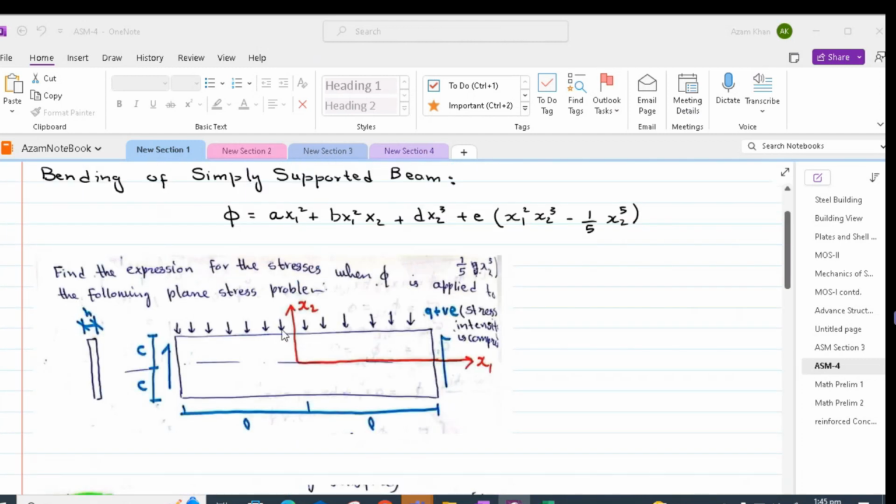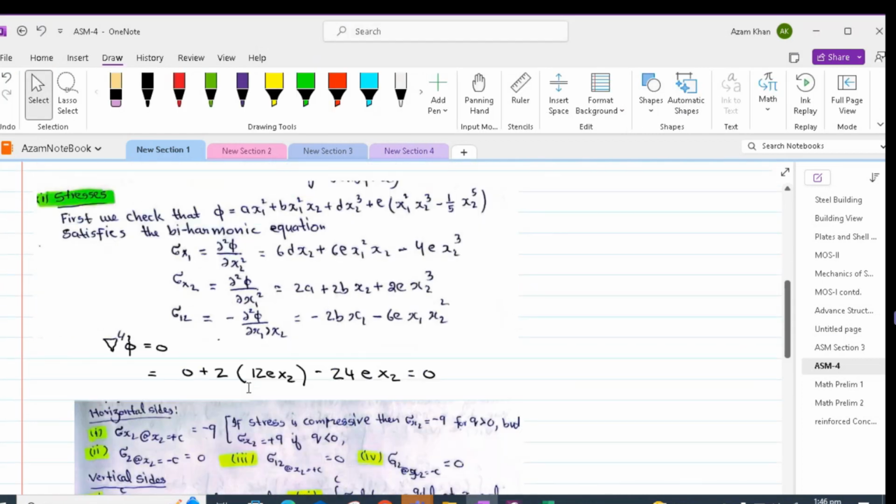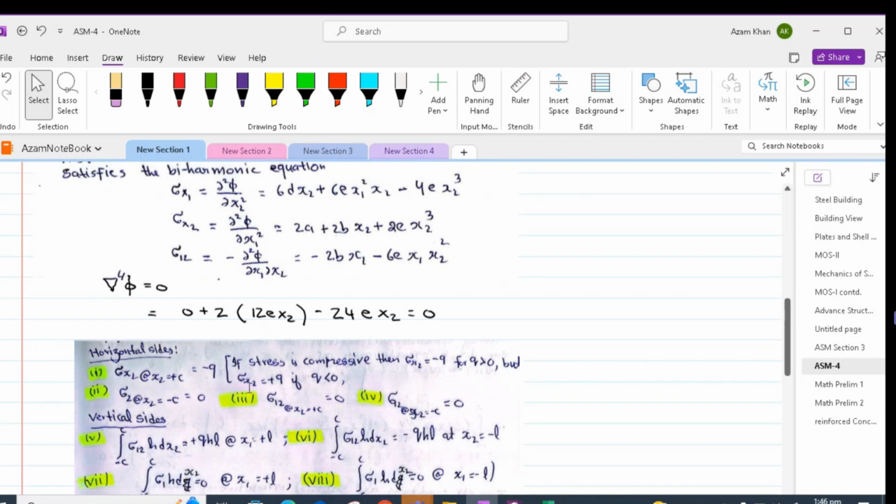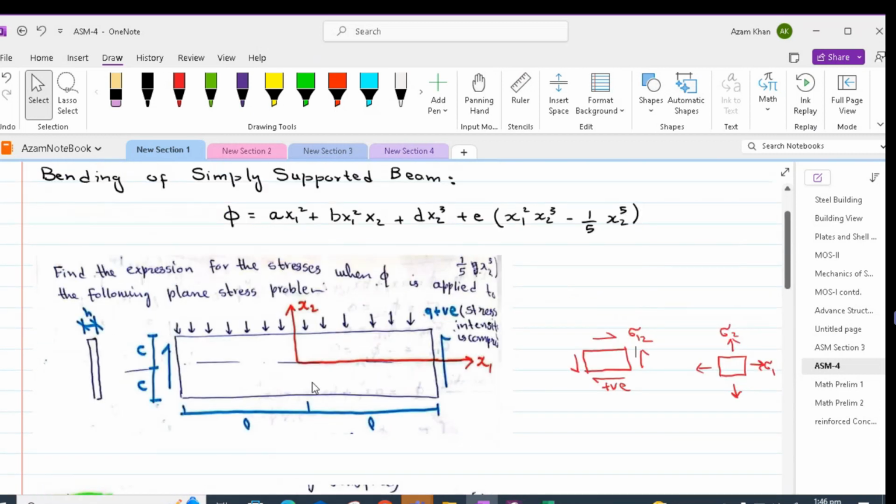We will start off from the horizontal sides. Before finding out the unknown constants, it is important to appreciate that the coordinate axes we have assumed are x1, x2, and the origin of the coordinate system corresponds to the middle of the beam.